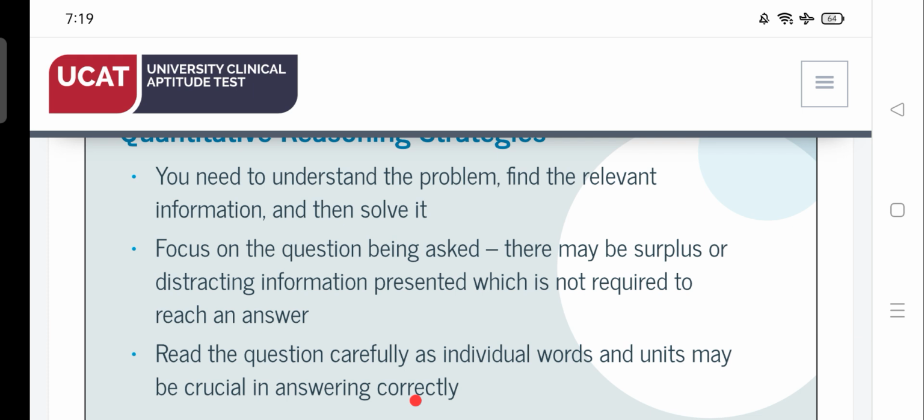What you have to do is focus on the questions that have been asked. You have to read them very carefully. The information presented to you may distract you, and it is not required to reach an answer. That's why you should just focus on your question, focus on the information, and read it very carefully. You may read it more than once.